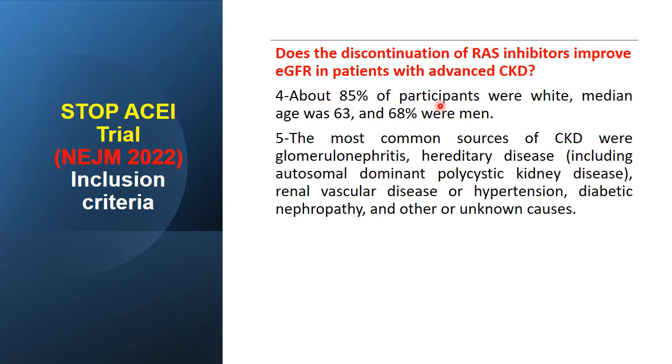About 85% of the participants were white, the median age was 63, and about 68% were men. The most common sources of CKD were glomerulonephritis, hereditary disease including autosomal dominant polycystic kidney disease, renovascular disease or hypertension, diabetic nephropathy, and other unknown causes.